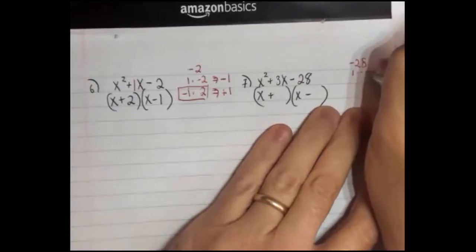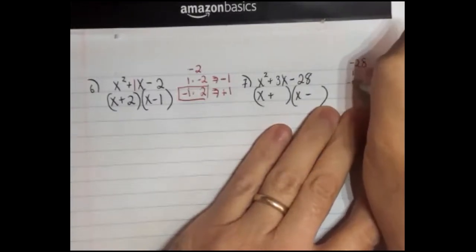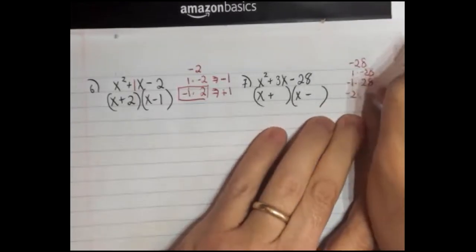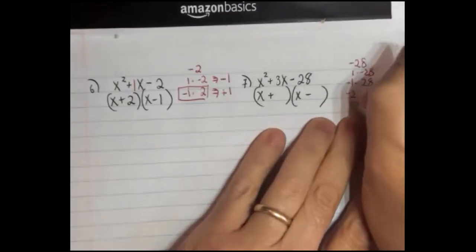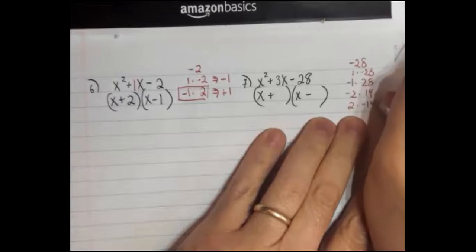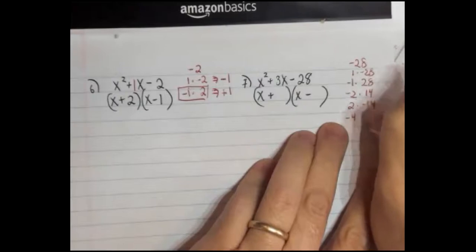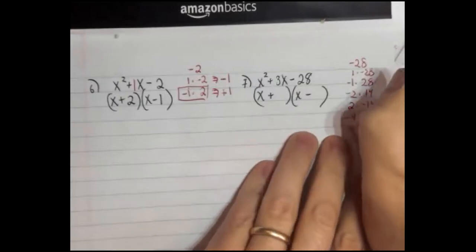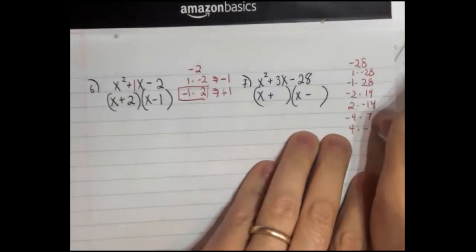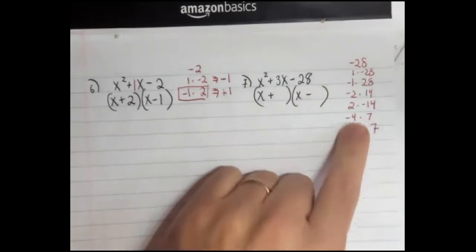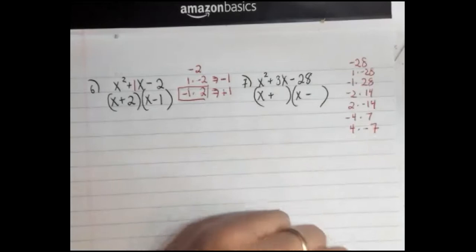So we start with 1. 1 times negative 28, or negative 1 times positive 28. Negative 2 times a positive 14, or positive 2 times a negative 14. Negative 4 times 7, or positive 4 times a negative 7. So those are, again, our different combinations.